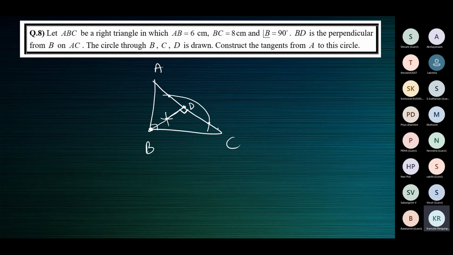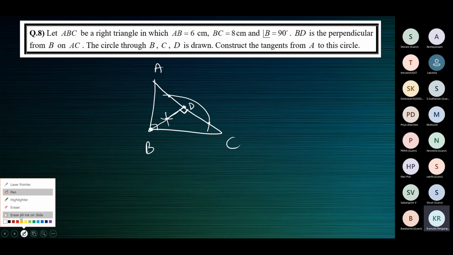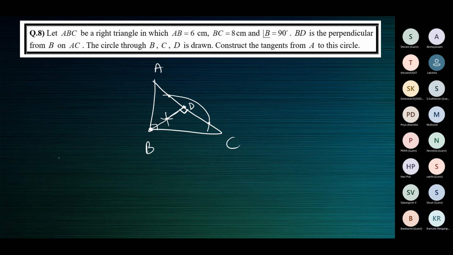Now we are executing one by one. I think there are 4 parts in this, 4 different instructions. The first is to draw the right triangle with this information. Next is to draw BD perpendicular from B on AC.